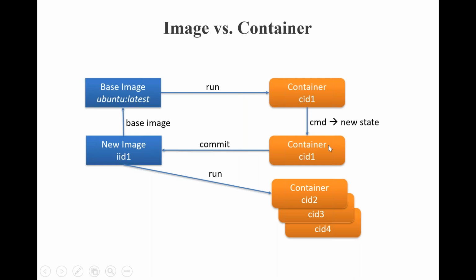But before launching or working with all those concepts, let's try to understand two important keywords, that is image and container. We can take it as the base image, like whenever we are working with virtual machines.